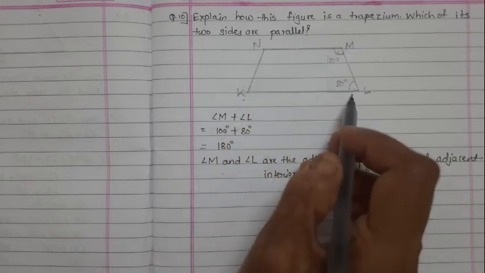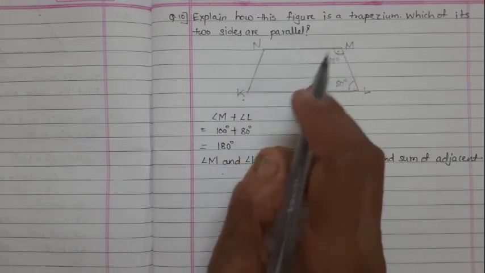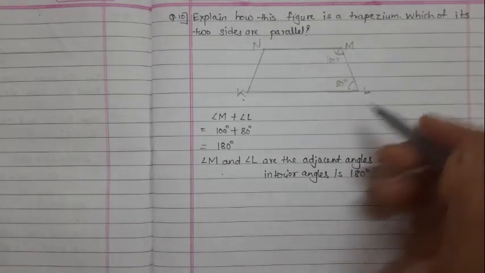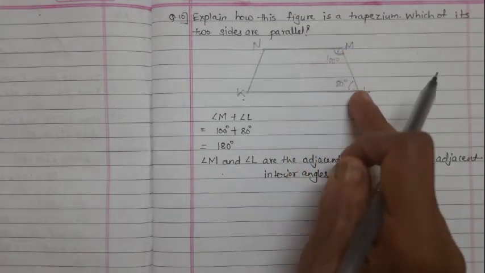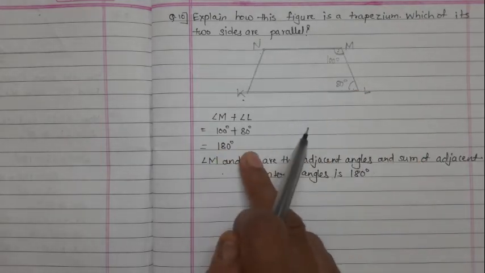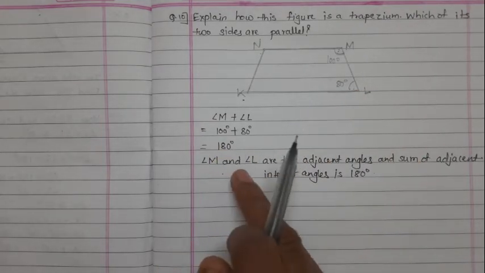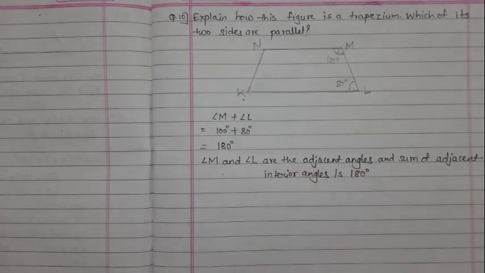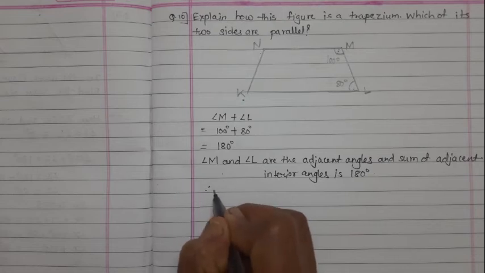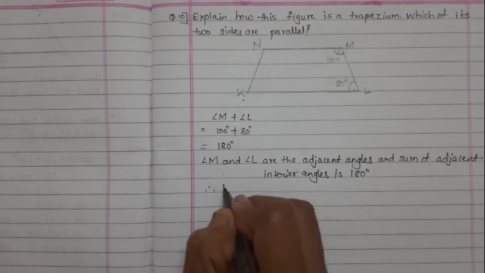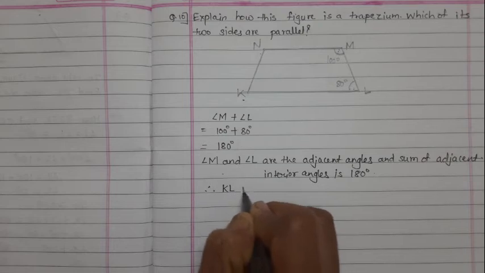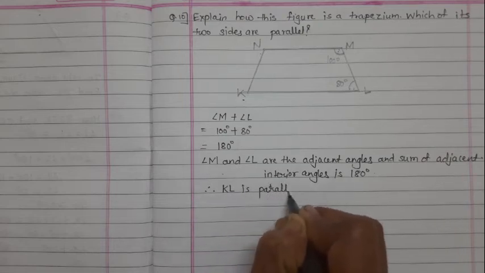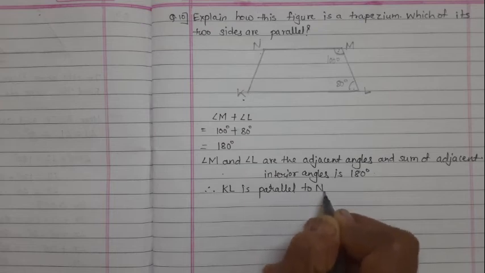So KL and NM, these are the parallel sides. See, these two angles are adjacent angles. Why? Because if we find the sum of both these angles, we get 180 degree. So angle M and L are adjacent angles and the sum of adjacent interior angles is 180 degree. Therefore, KL is parallel to NM.